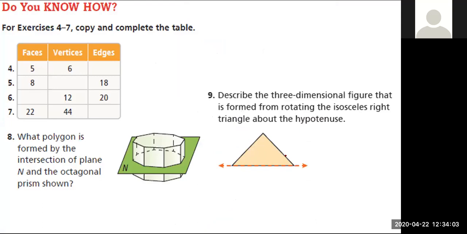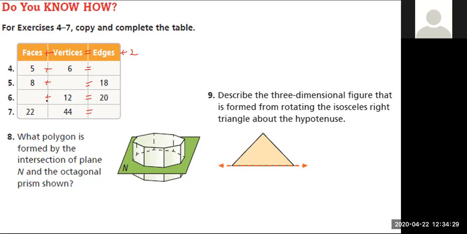There's a couple did you know questions here that I wanted to go over real fast. So for the chart that we're using Euler's for, remember our equation is going to be number of faces plus the number of vertices equals edges plus 2. So I'm going to go down the line here and fill this in.